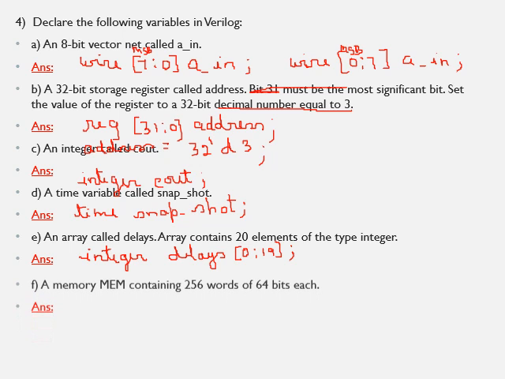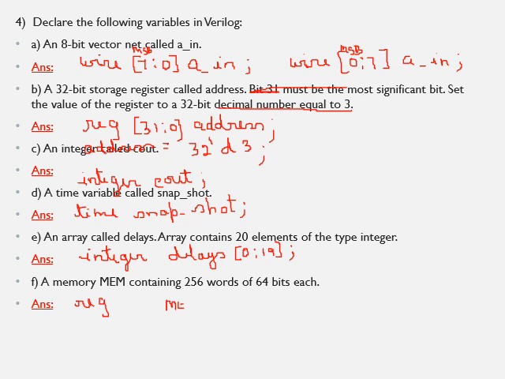Next one, a memory MEM containing 256 words of 64 bits each. A memory would be declared as a register. The name of the identifier is MEM. It's an array of 256 words, so my size would be 0 to 255.